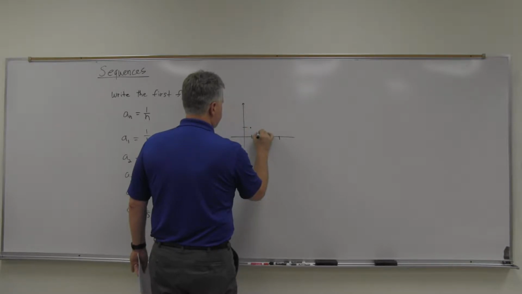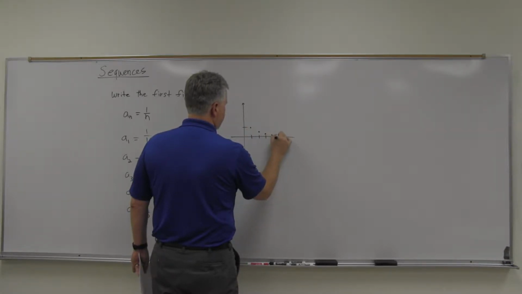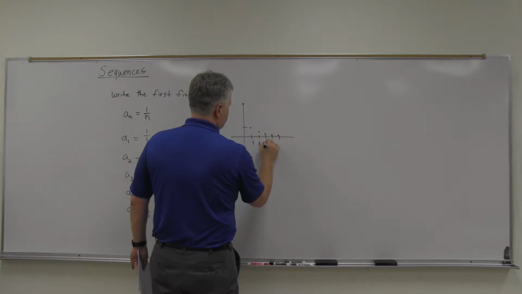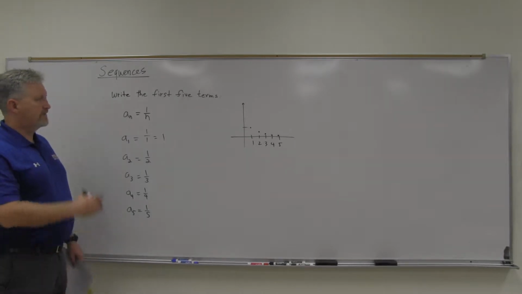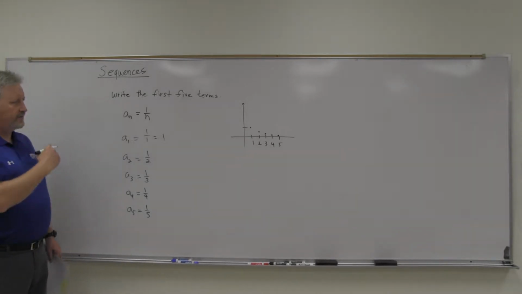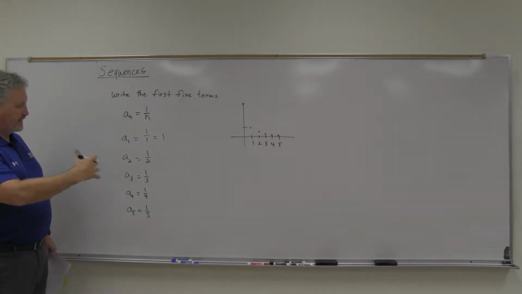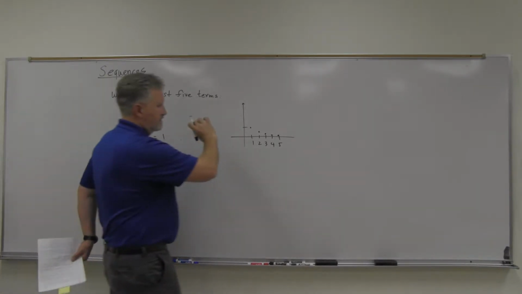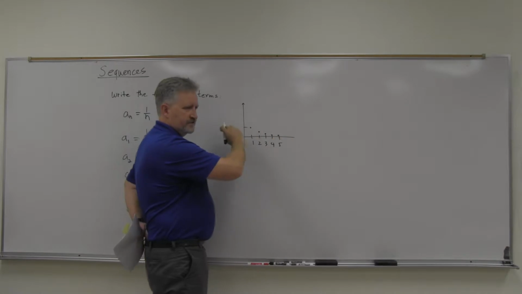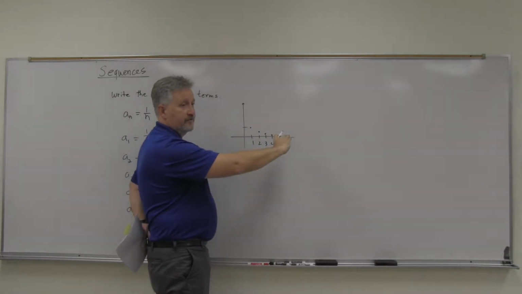A1 is 1, A2 is a half, A3 is a third, a fourth, a fifth. You can see here that these numbers are coming in towards 0, aren't they?